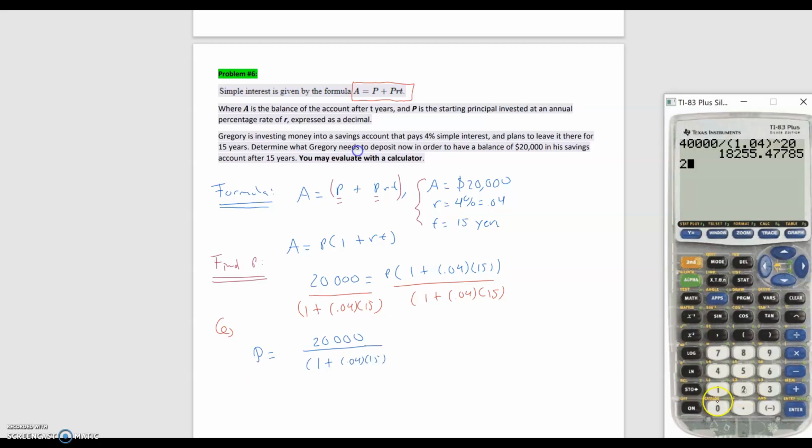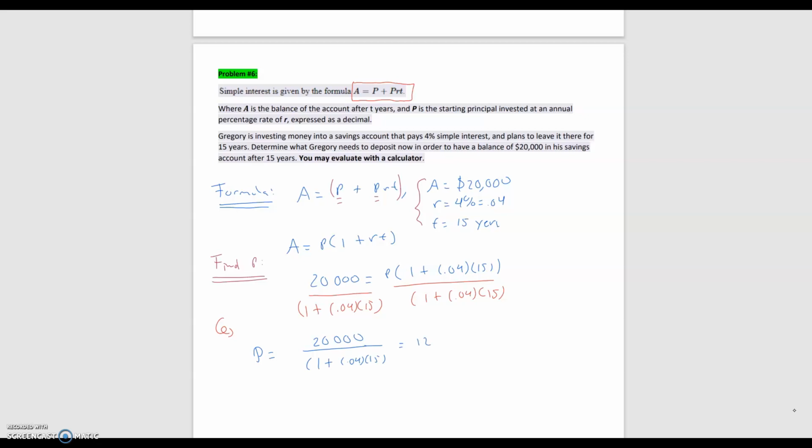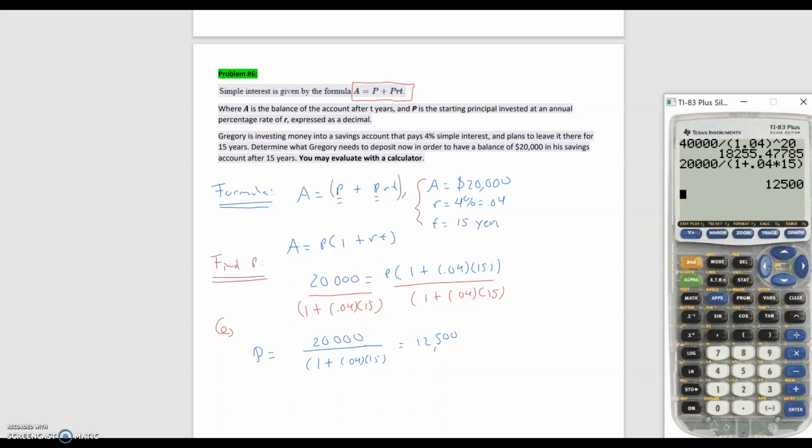So we're looking at 20,000 divided by parentheses 1 plus 0.04 times 15 and close the parentheses. So we're getting 12,500. No decimals, so this one is on the dot.